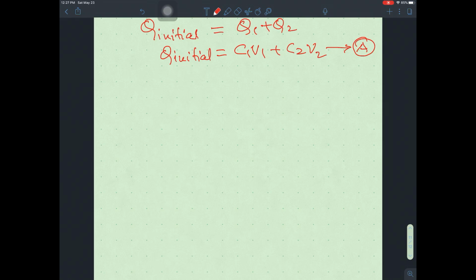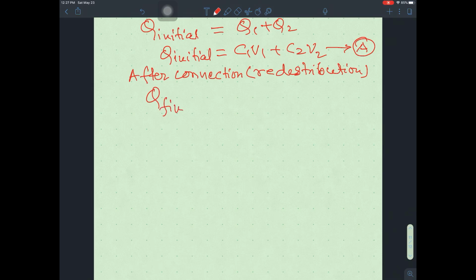And after connection, that is, after redistribution, the total charge will remain the same. Q final is equal to Q1 dash plus Q2 dash.